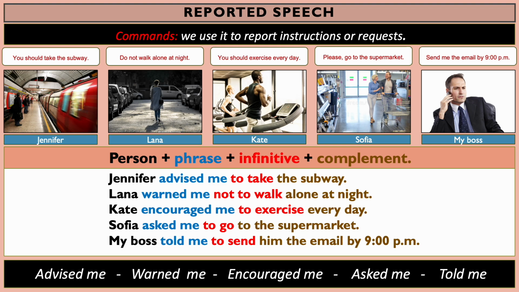Also, we have encouraged. In this case, this verb is like to give motivation. We have asked for a petition and told for a command or an order. Usually it is something that is mandatory, that is not optional.